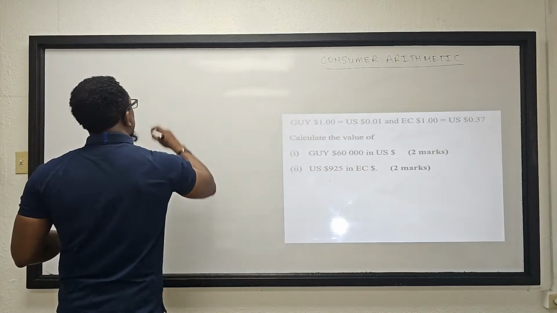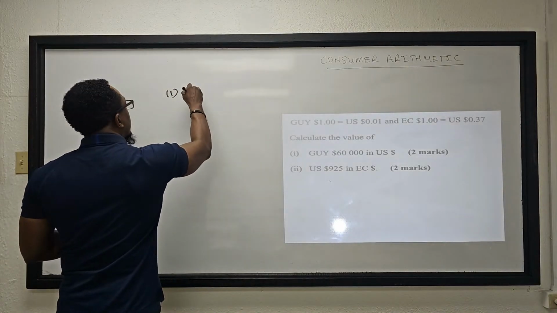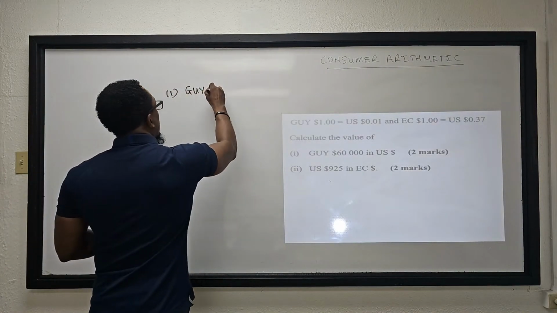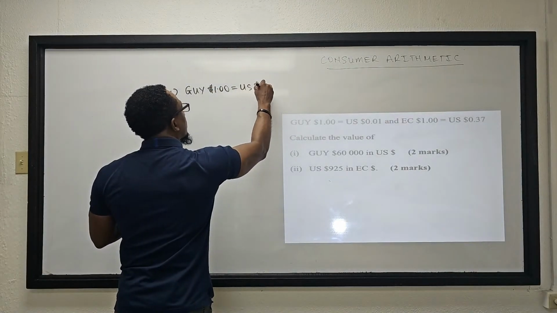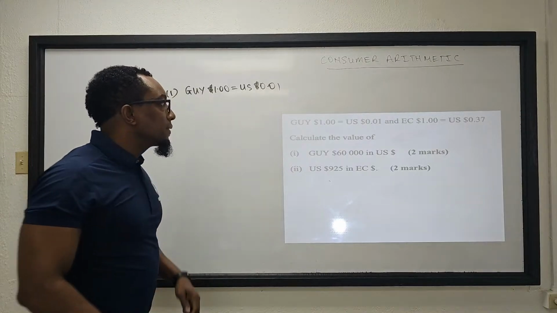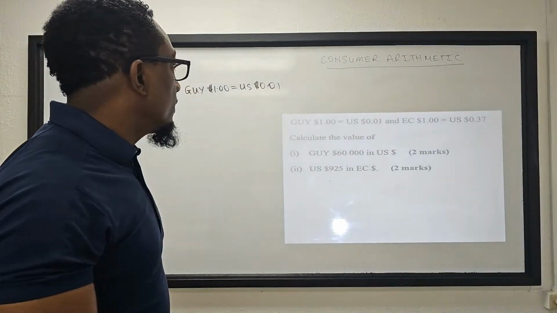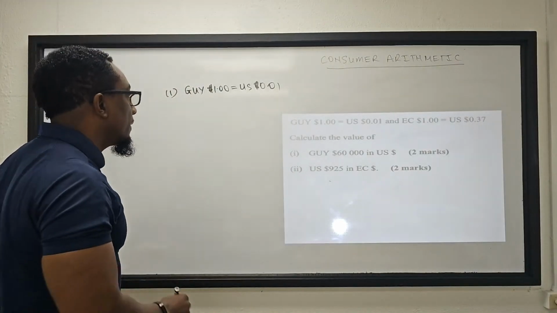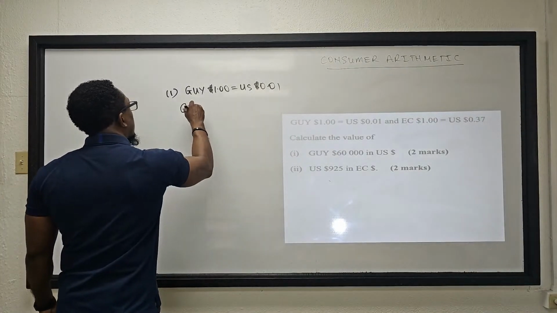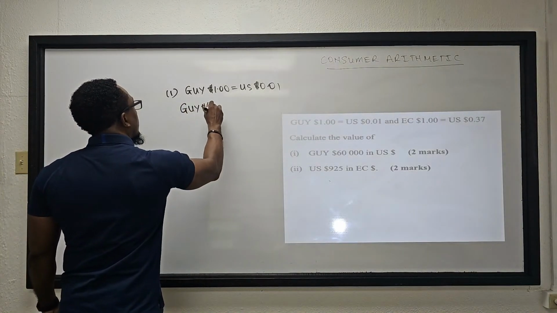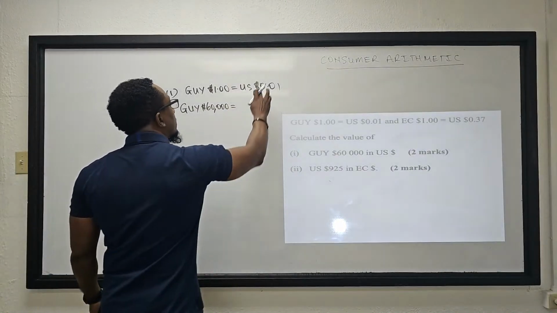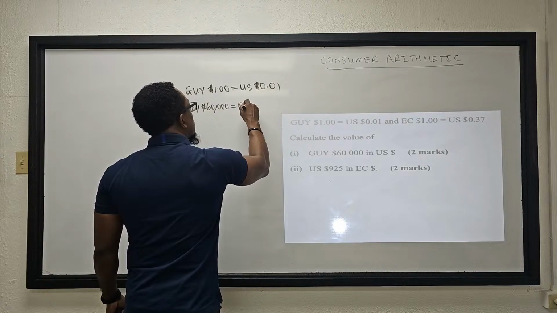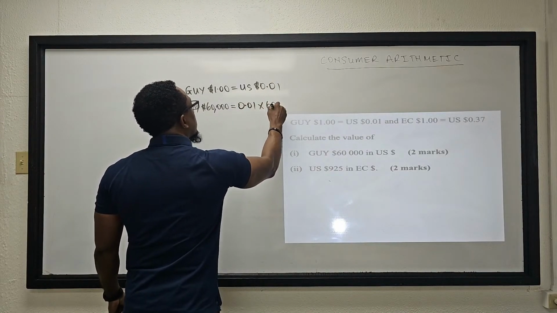So part 1, we know that Guyanese $1 is equal to US 1 cent. So 60,000 Guyanese dollars will be equal to 0.01 times 60,000.